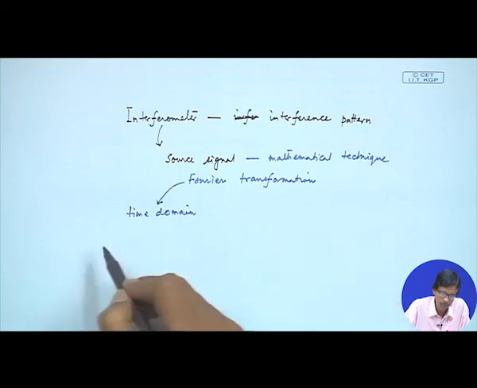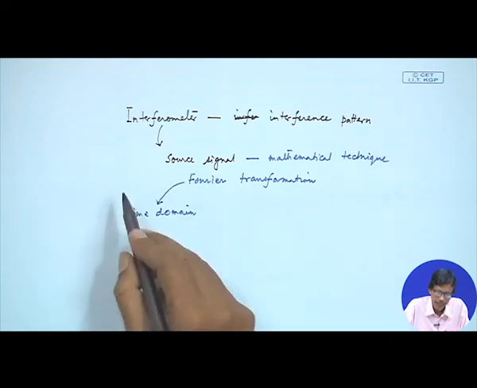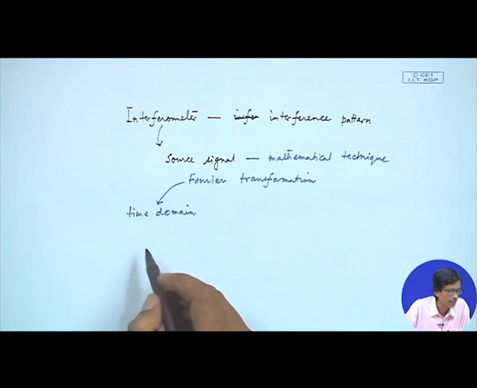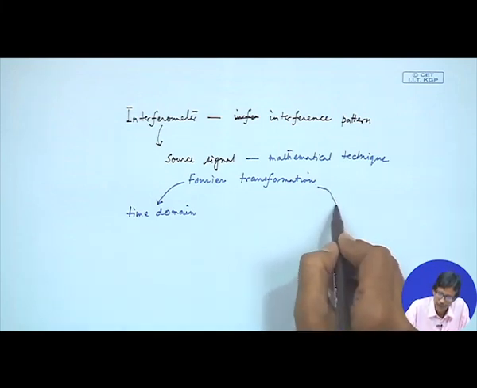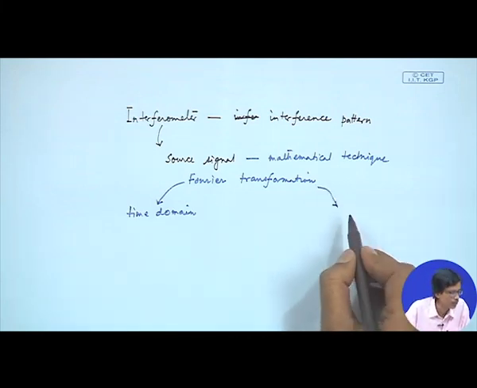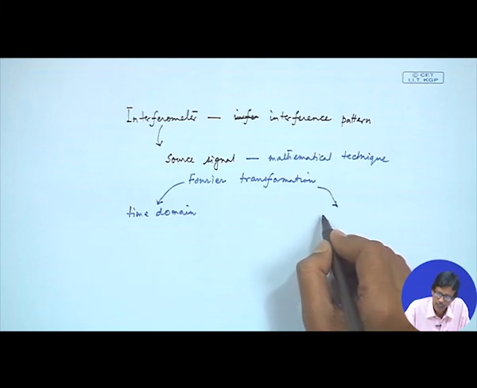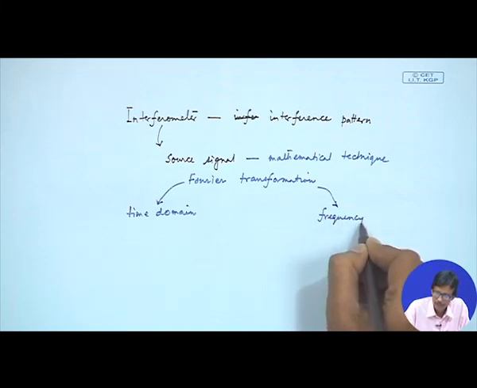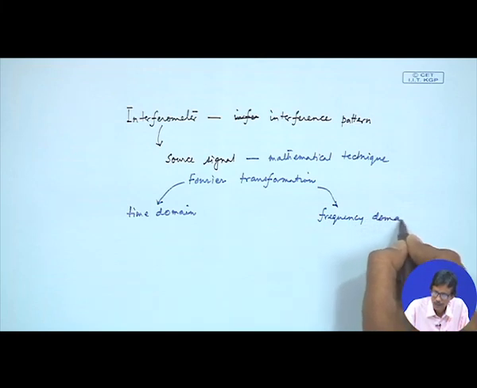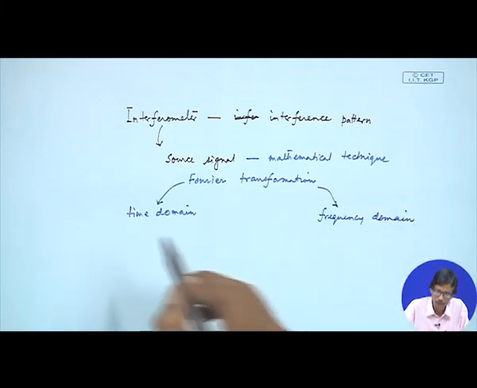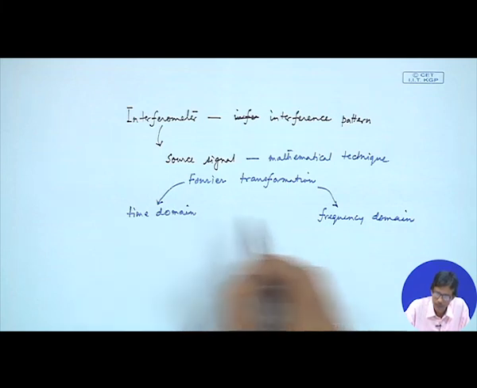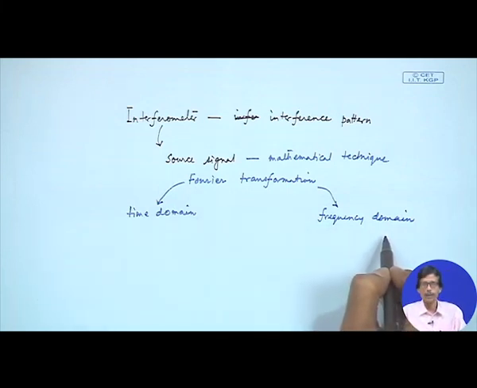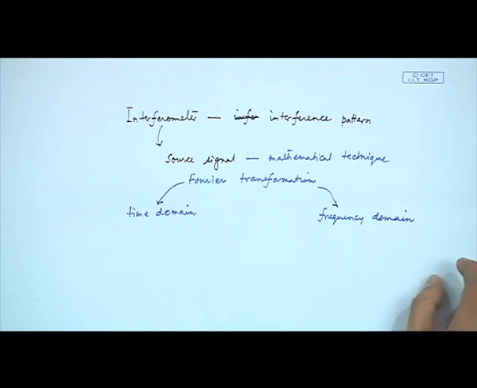We will see next day how we can plot the time domain spectrum, and finally the interferometer will give you the frequency domain spectrum. How we get that change from the time domain spectrum to the frequency domain spectrum, we will see ultimately in the spectrum of your FTIR.